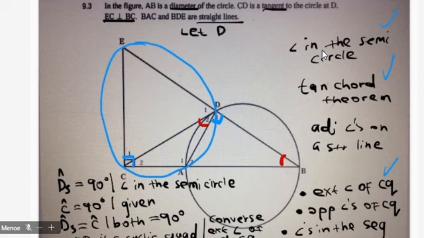You are going to let D2 be X. After letting D2 be X, you're going to say B2 will also be X, because of the tan chord theorem. Remember, we solved it when we were doing diagram analysis.